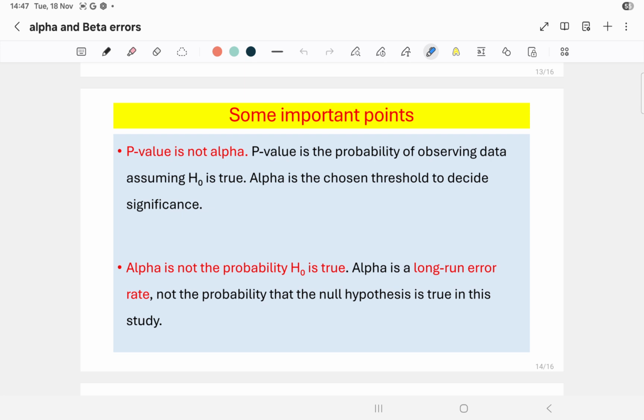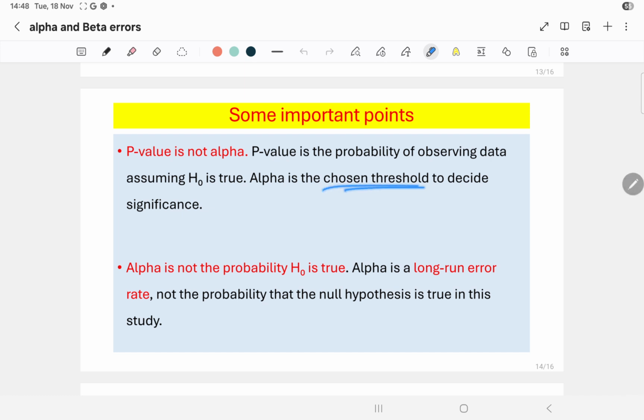P value is not alpha. P value is the probability of observing the data, assuming H naught is true. If you have not seen my video on P value, just see it, where I explain that P value is nothing but the probability of observing the data that we are observing right now if the null hypothesis is true. But what is alpha?